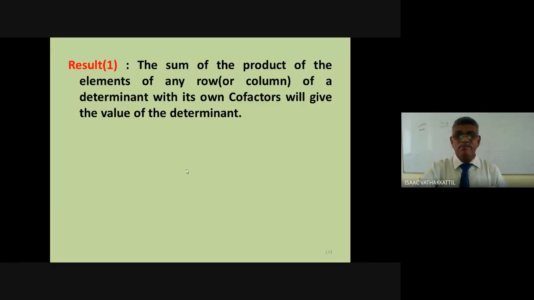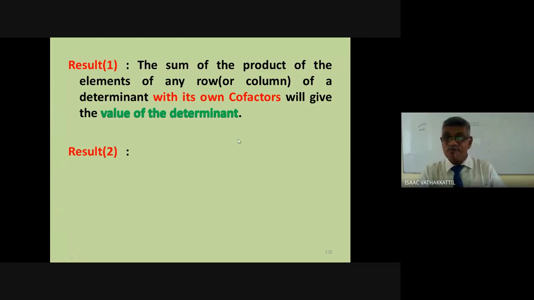So remember very carefully, this is going to be slightly different in the second result. The sum of the product of the elements of any row or column of a determinant with its own cofactors gives the value of the determinant. But I'm going to make a slight change in the second result.